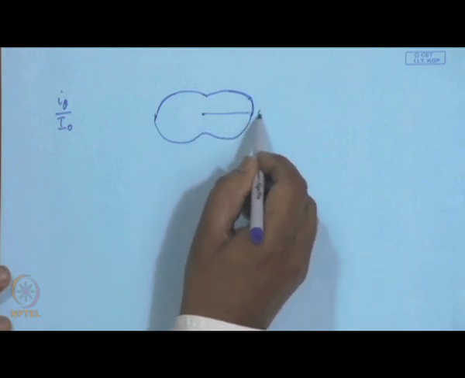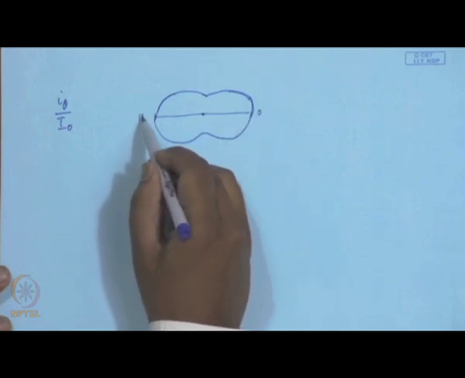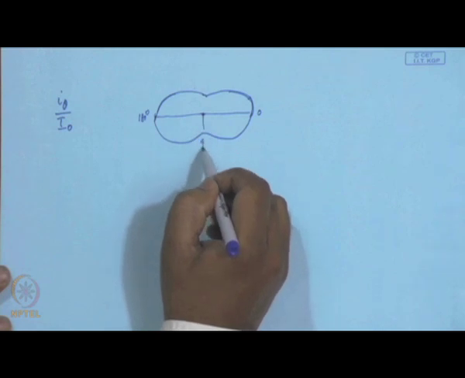So, this is 0 angle, this is 180 angle, and this is 90 degrees.